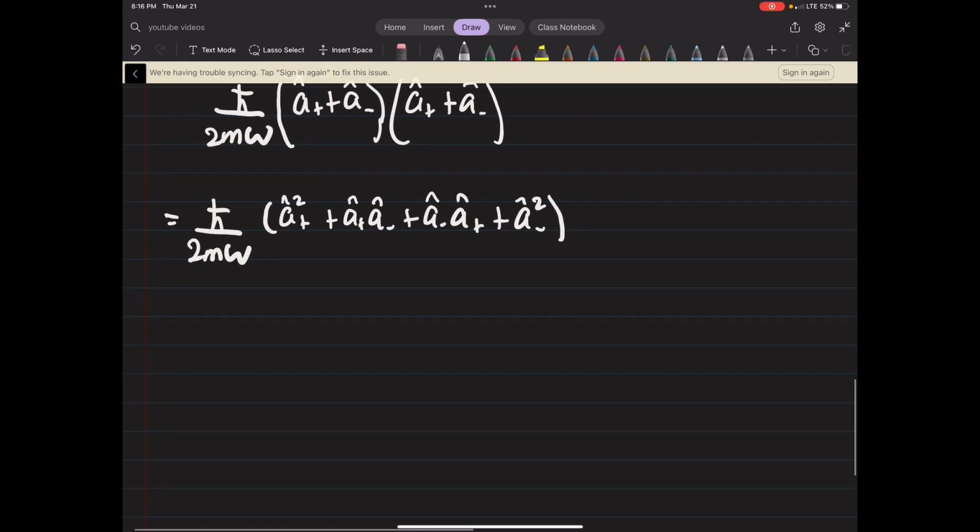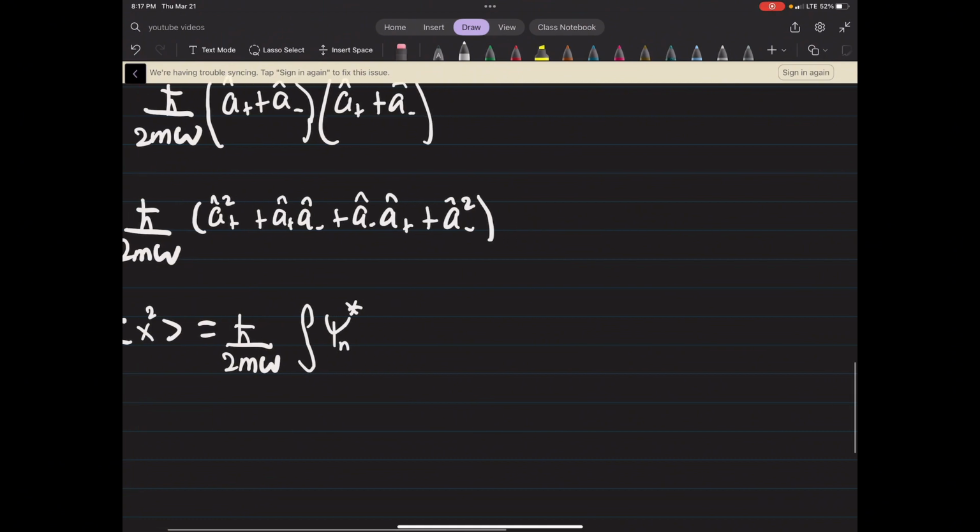Okay. So now we can plug this in to find our expectation value of x squared. So again, just pull out the constants, the integral of psi n complex conjugated, all of this stuff. You can see this is very tedious, but it gets the job done.